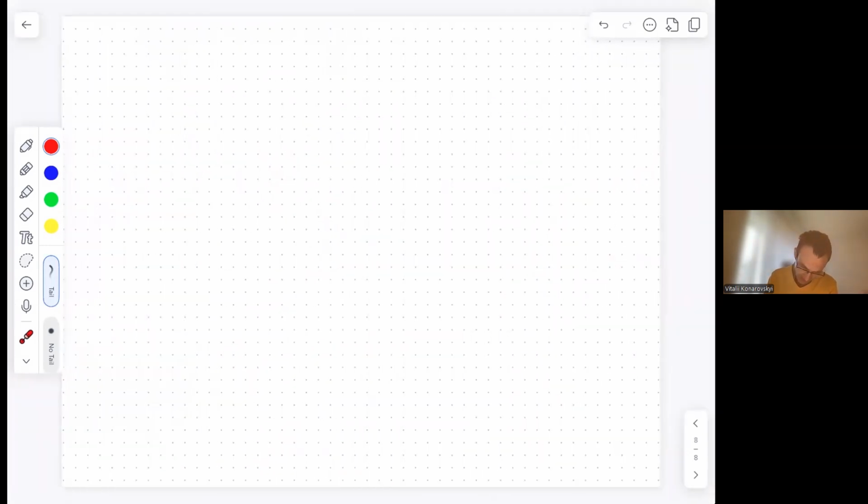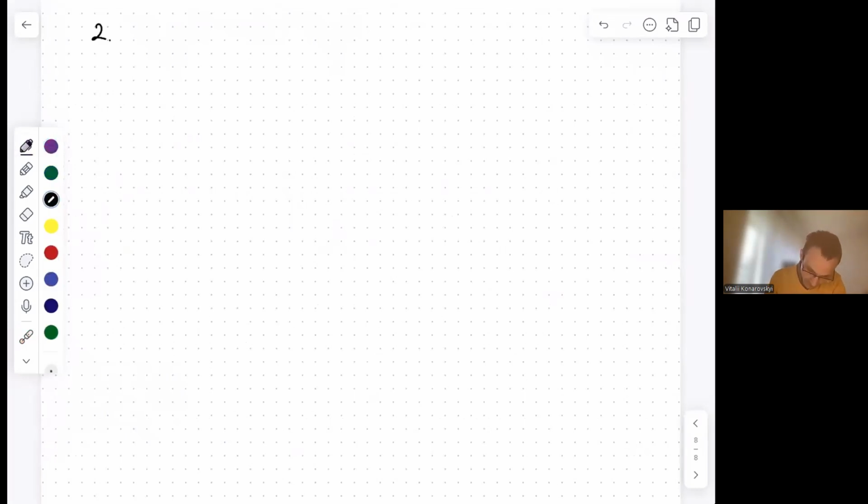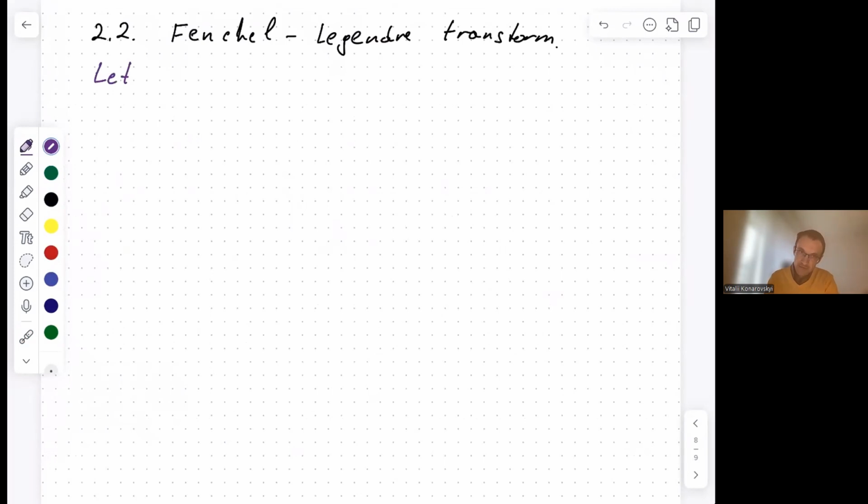Then the next section of this lecture is the Fenchel-Legendre transform. Okay, we need a definition. Assume that we have some function f, which takes values from R to minus infinity, plus infinity, including infinity, because you remember that for the cumulant generating function we allow plus infinity. And this function is convex.